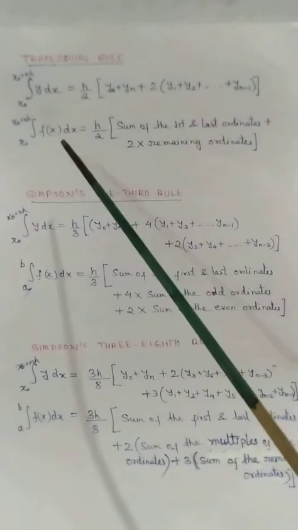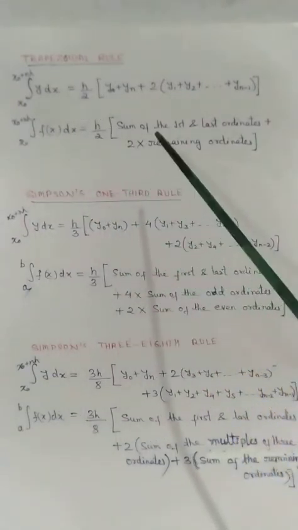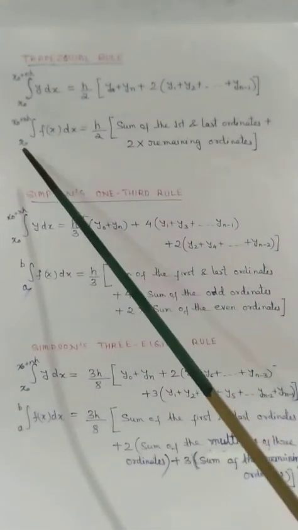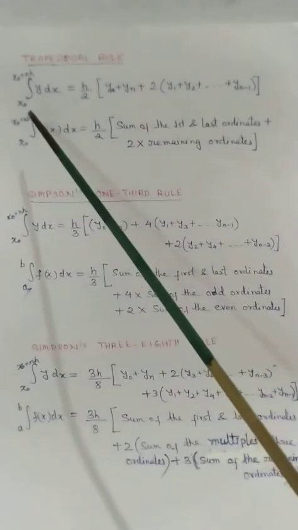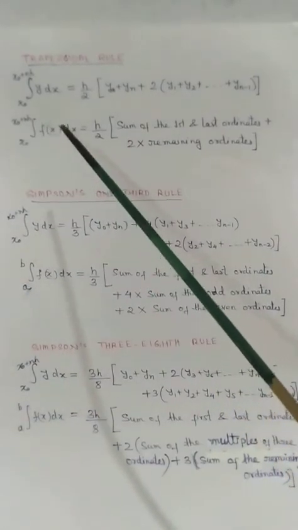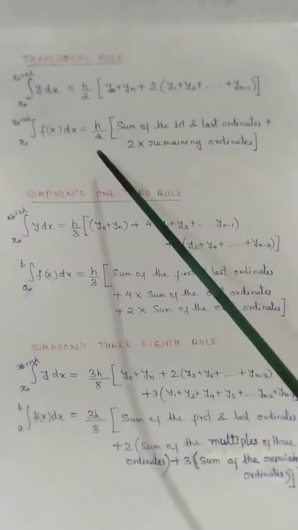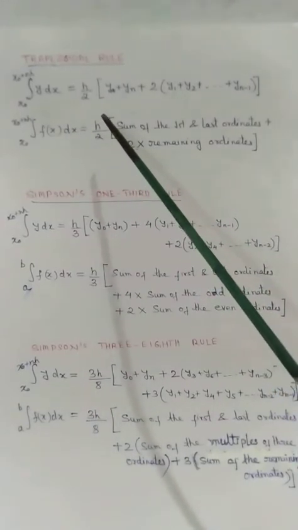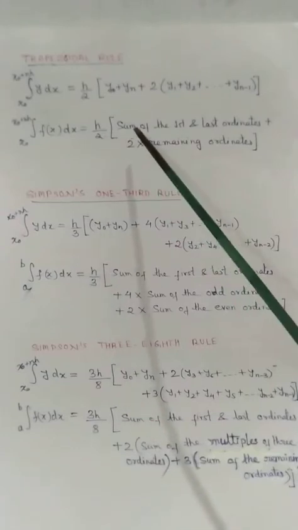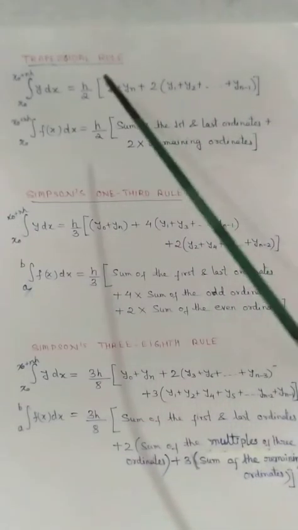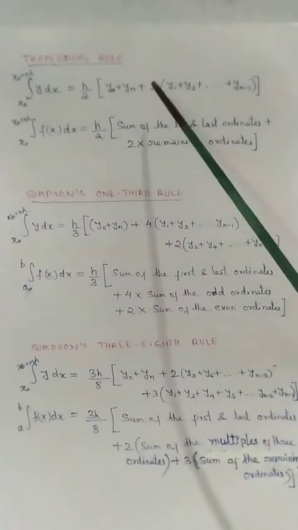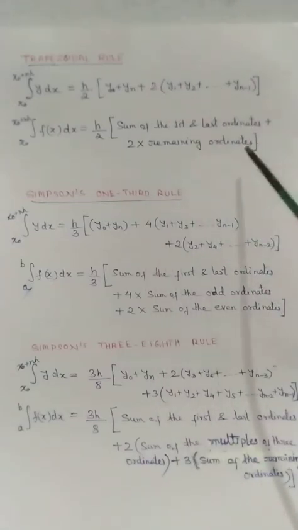The integration is equal to h/2, where h is the interval of difference, times the sum of the first and last ordinates plus 2 into the remaining ordinates.